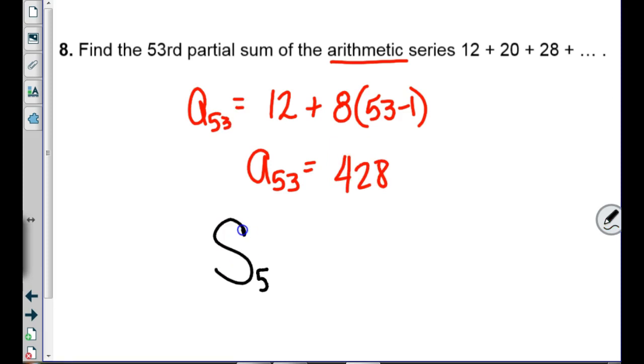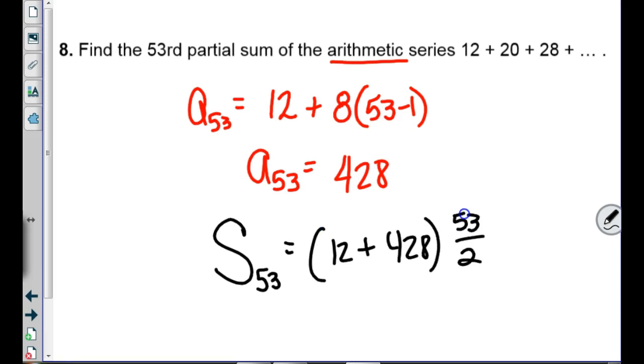So the sum of 53 terms would be? Anybody get 11,600? Mackenzie, you good? Okay.